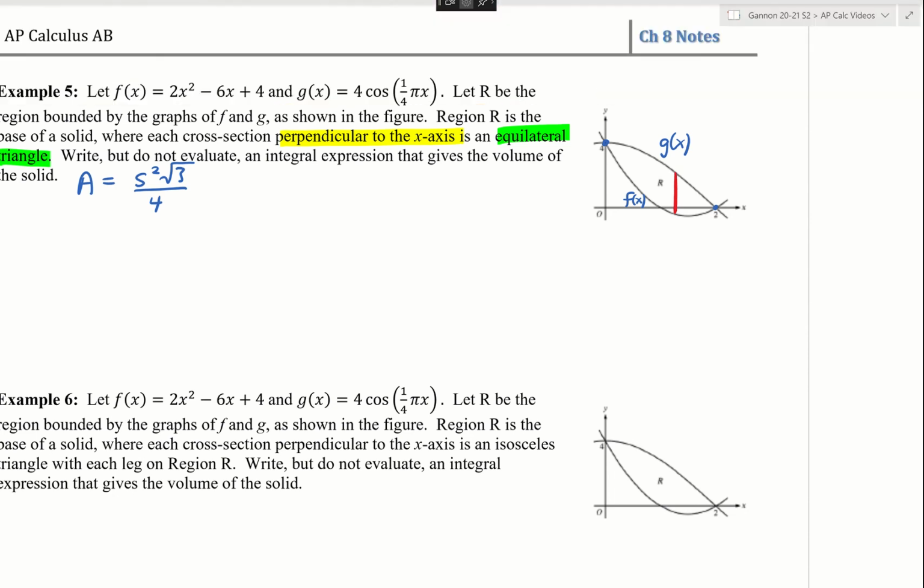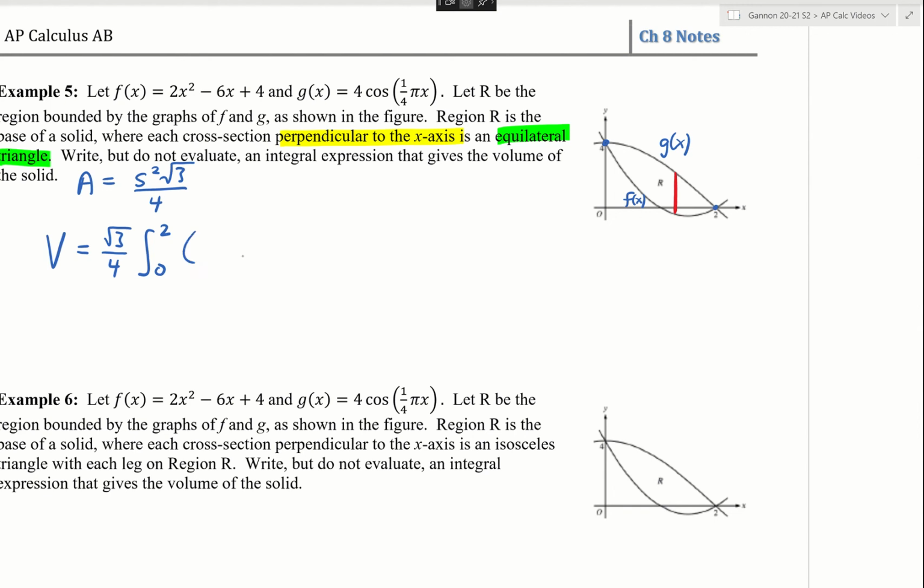All right, put it all together. We've got the volume is going to equal the integral. Now we're integrating from 0 to 2. When you look at the formula, we've got s squared root 3 over 4. The root 3 over 4 is a constant, so we can pull that out in front.